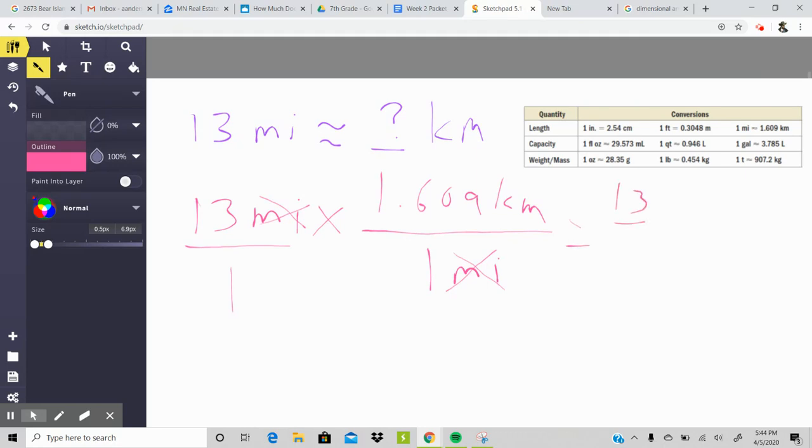I'm just left with 13 over 1 times 1.609 kilometers over 1, which is the same thing as 13 times 1.609 kilometers. If you do that in your calculator, you get like 20.9 something.